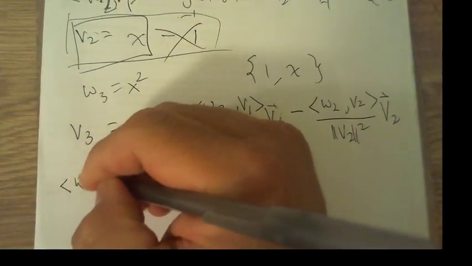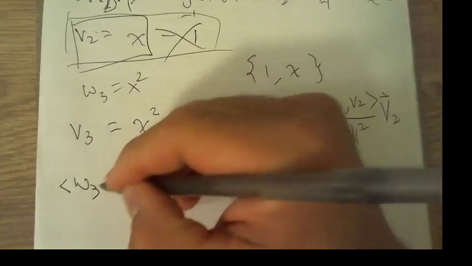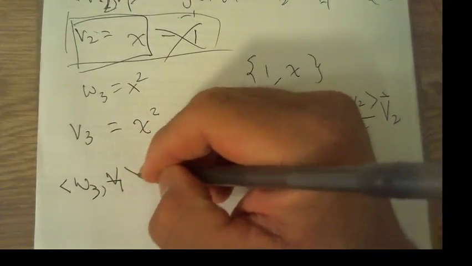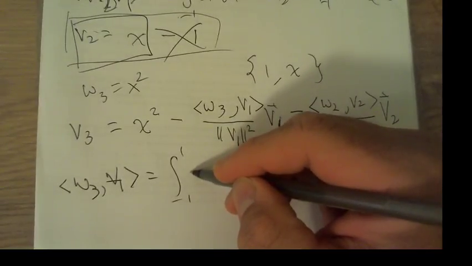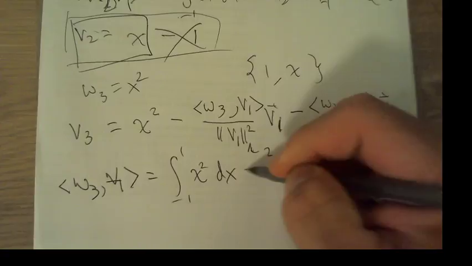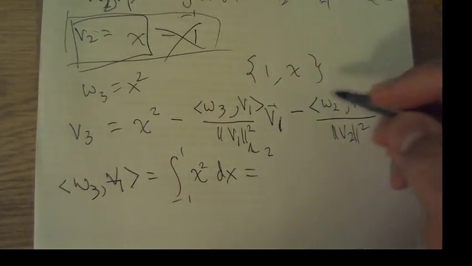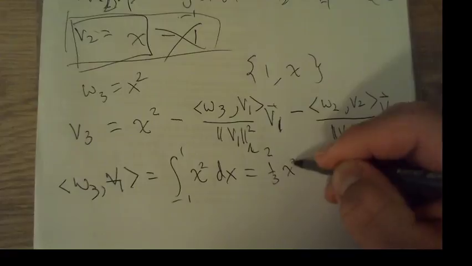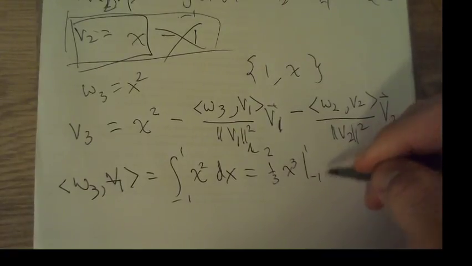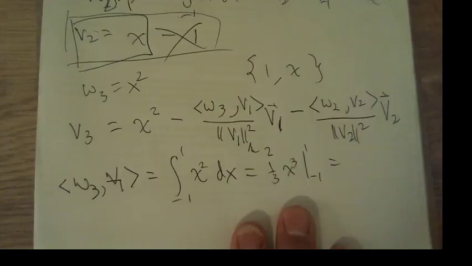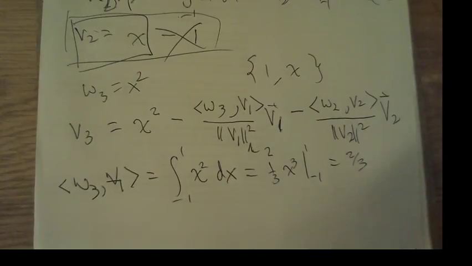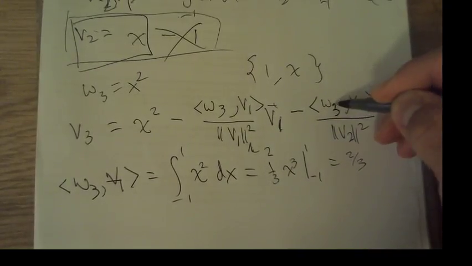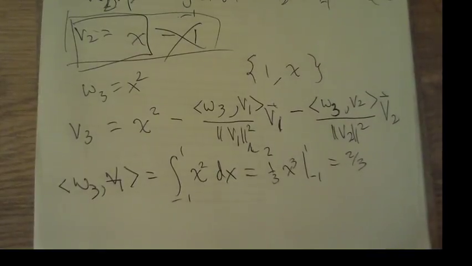So let's take a look at these inner products here. W3, V1, of W3 is x squared. Okay, and here we get 1/3 x cubed from 1 to -1. So it's 2/3. Yes, they should all be W3.